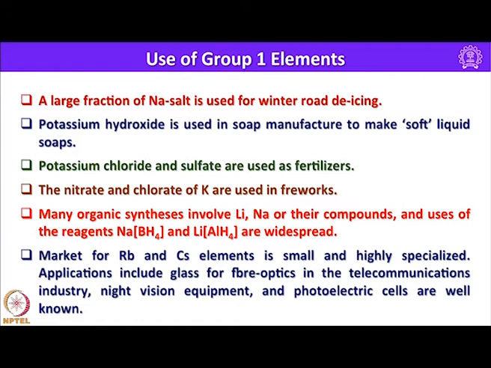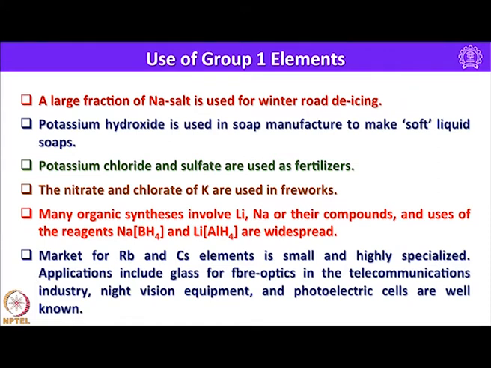Nitrate and chlorate of potassium are used in fireworks. Many organic syntheses involve lithium, sodium, or magnesium and their organometallic derivatives. The market for rubidium and cesium elements is small and highly specialized. Applications include glass for fiber optics in the telecommunication industry, night vision equipment, and also photoelectric cells.